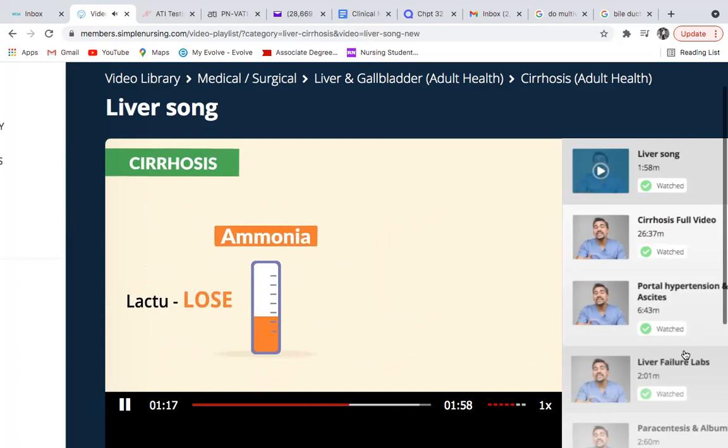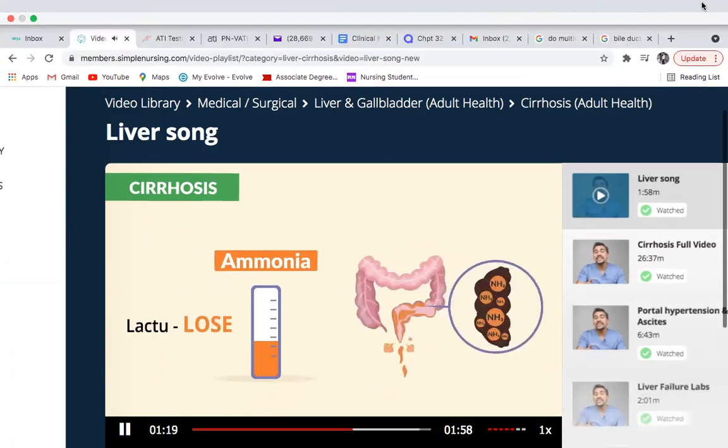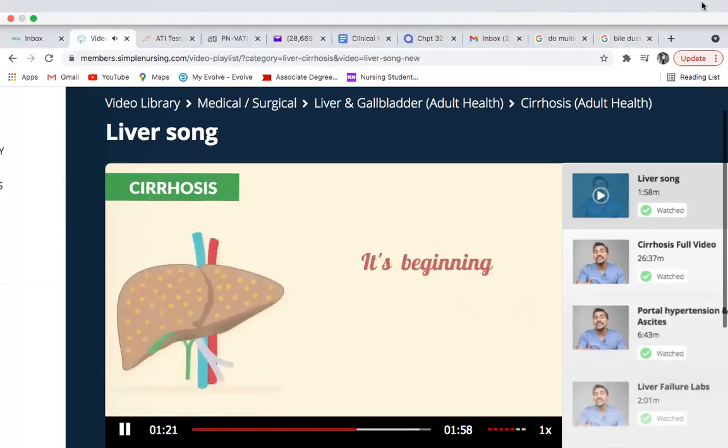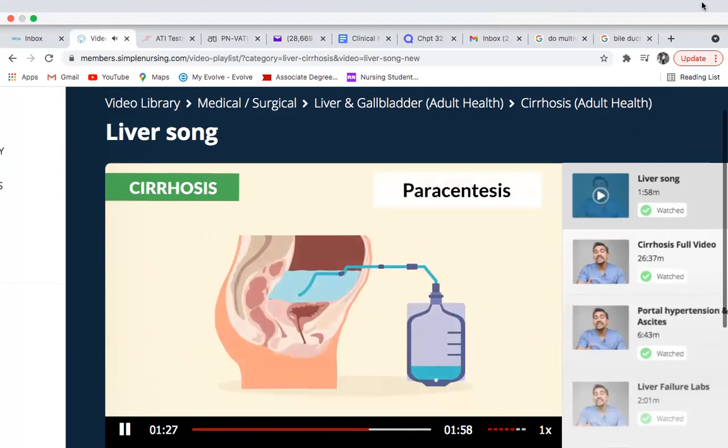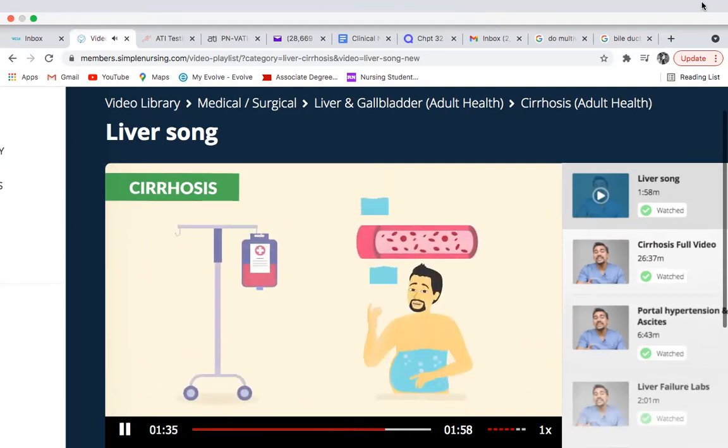Give lactulose to aid the excretion. It's beginning to look a lot like cirrhosis. Soon we'll do a paracentesis. Drain the fluid from the abdomen, then give albumin. Bring the fluid back into the vascular spaces.